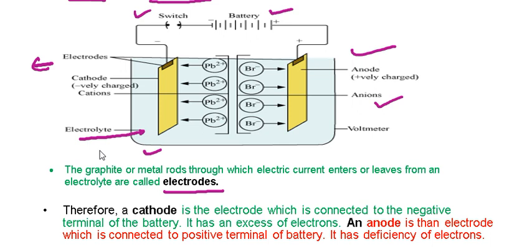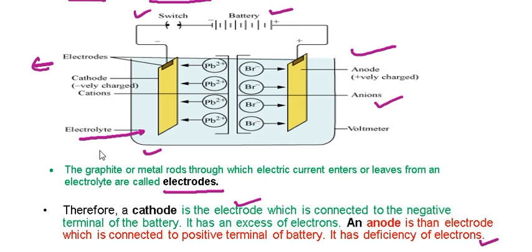Therefore, a cathode is an electrode which is connected to the negative terminal of the battery. It has an excess of electrons. An anode is the electrode which is connected to the positive terminal of the battery. It has a deficiency of electrons.